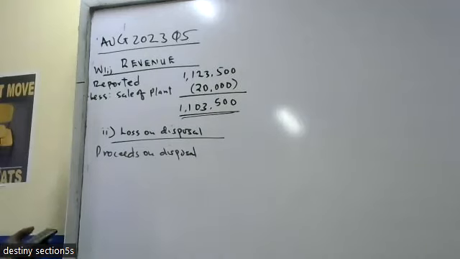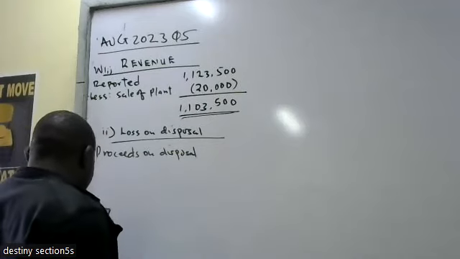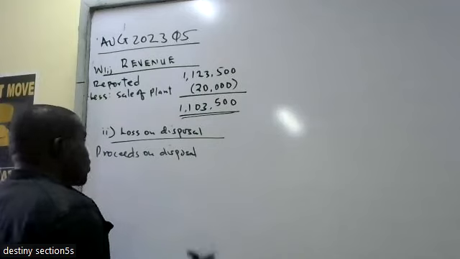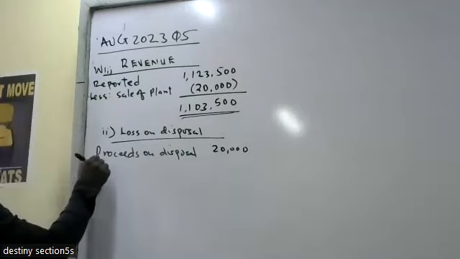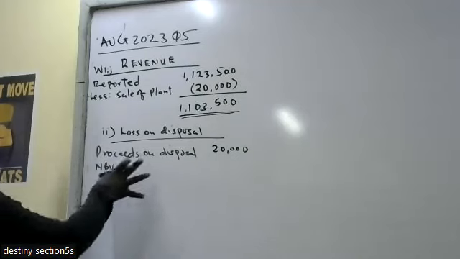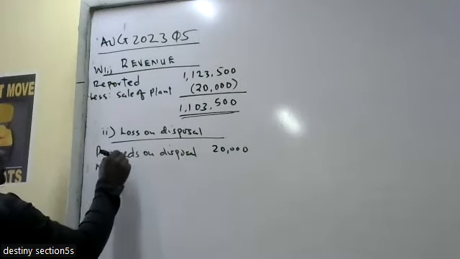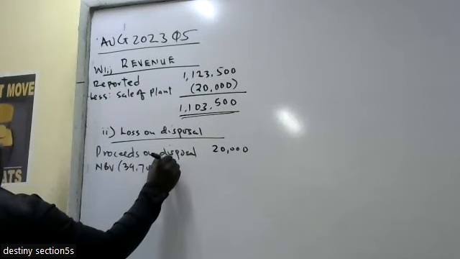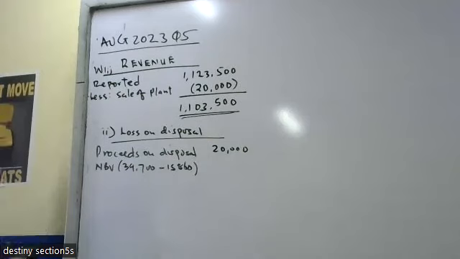Proceeds on disposal: they sold that asset for 20, when the net book value, NBV, we took 39,700 minus 15,860. So what was the difference?